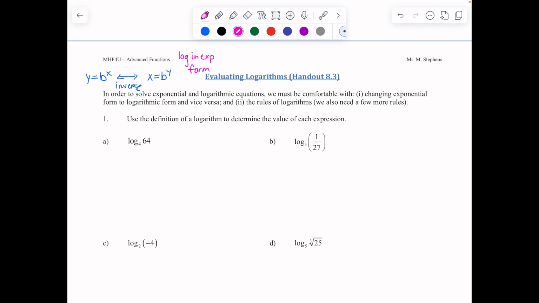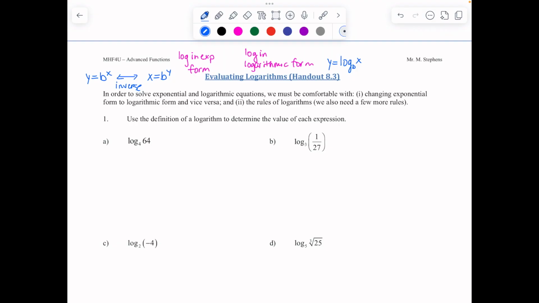And then we said that there's a definition from this of a logarithm in logarithmic form. Okay, and that is equal to the same thing, but we write it as y equals log base b of x.